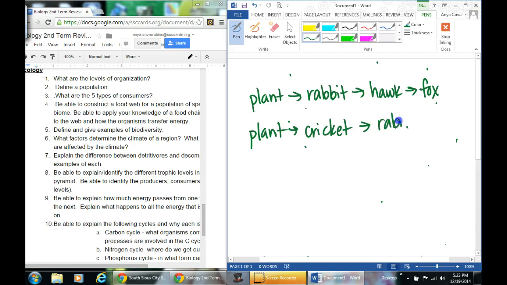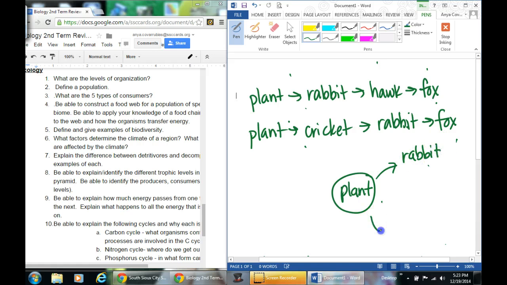And then when we construct all of these together, that would show us a real food web. So then we might have just a plant here, and from the plant could go to the rabbit, or it could go to the cricket. And then we start getting a more complex one.